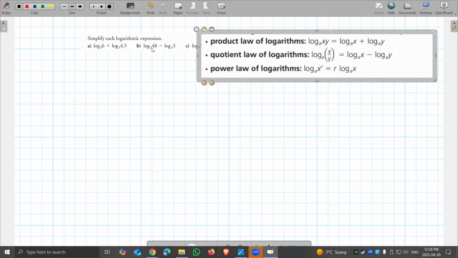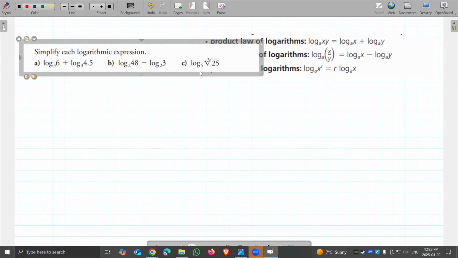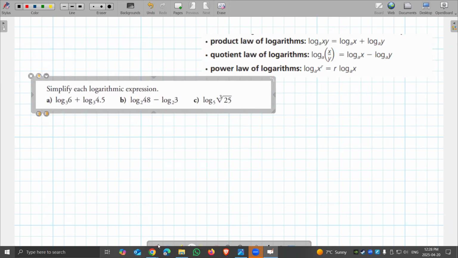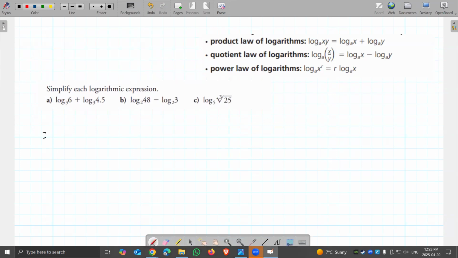All right, so let's start with A. You have log base 3 for both of them, right? You can combine them. How do you combine them? You're going to use the product law. Right now, you're on this side of the equation. What do we do with the two numbers inside?